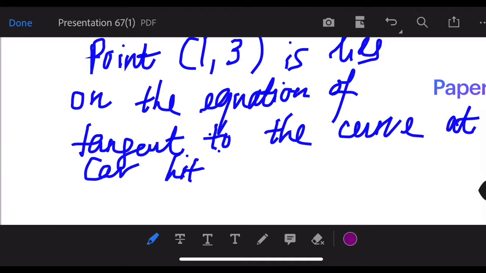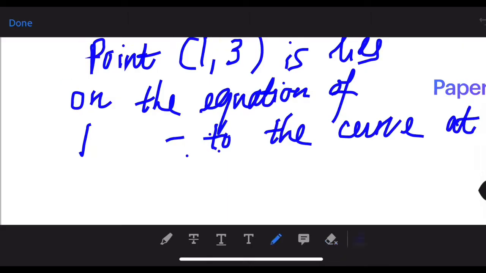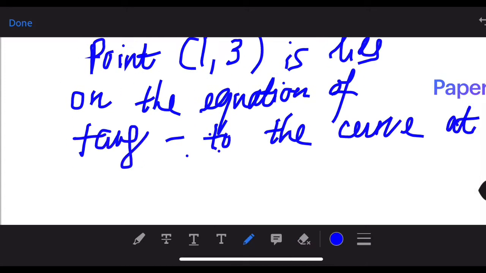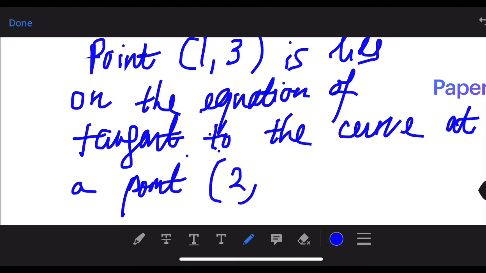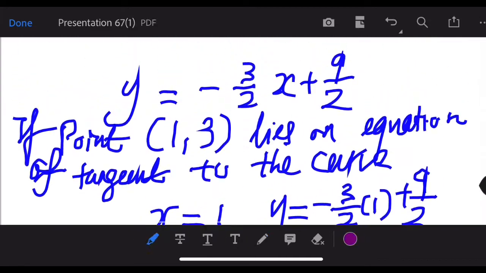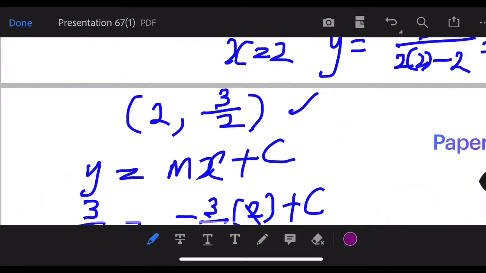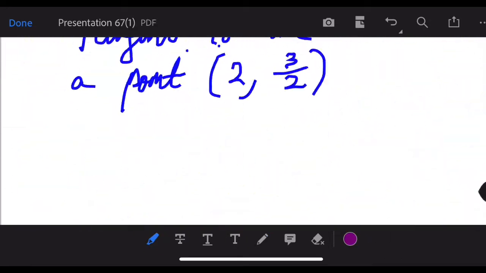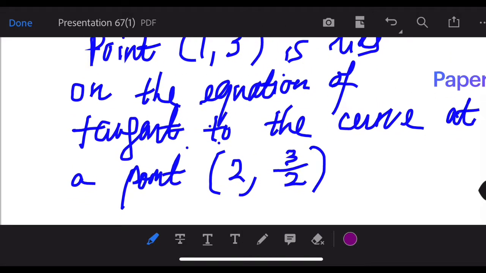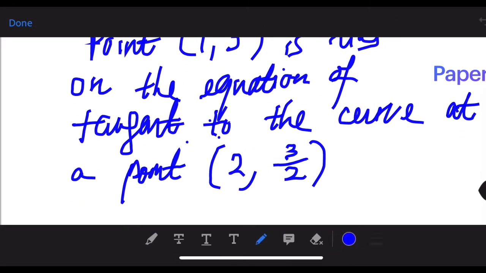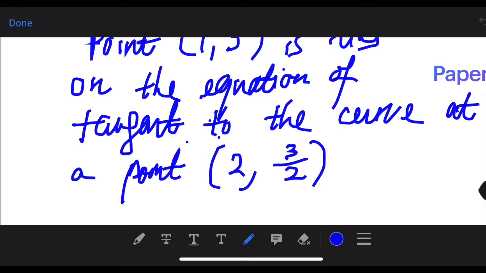Let's write properly. Equation of tangent is always at a point. The equation of the tangent at the point (2, 3/2), right? The point (1, 3) lies on the equation of the tangent to the curve at (2, 3/2).